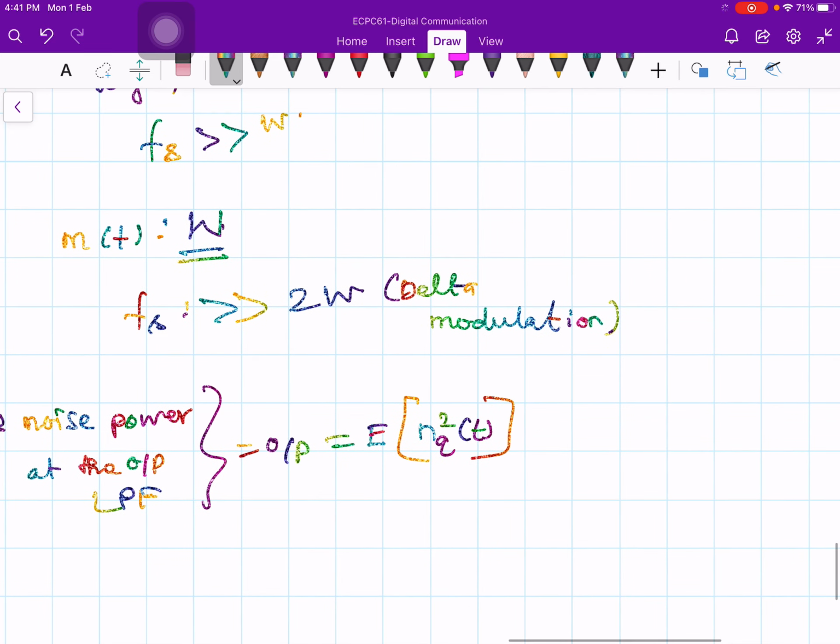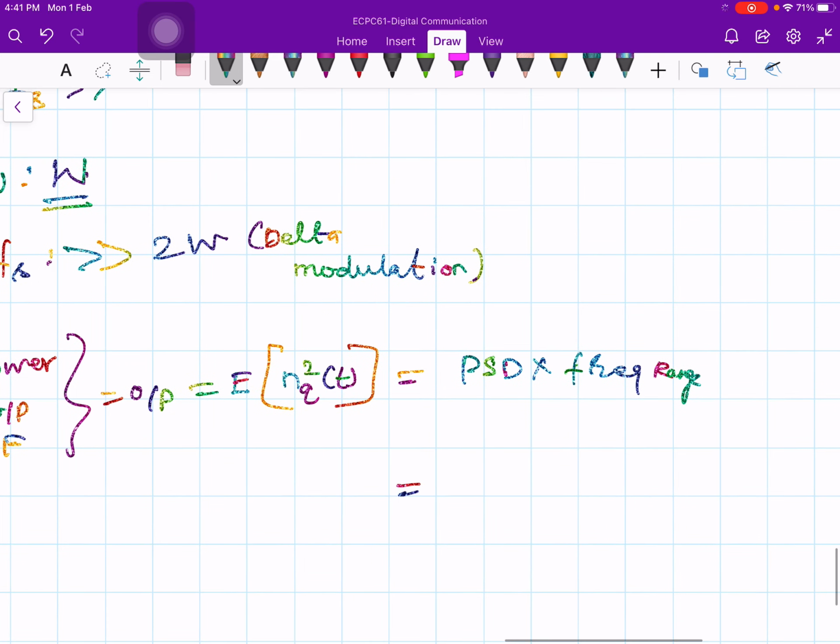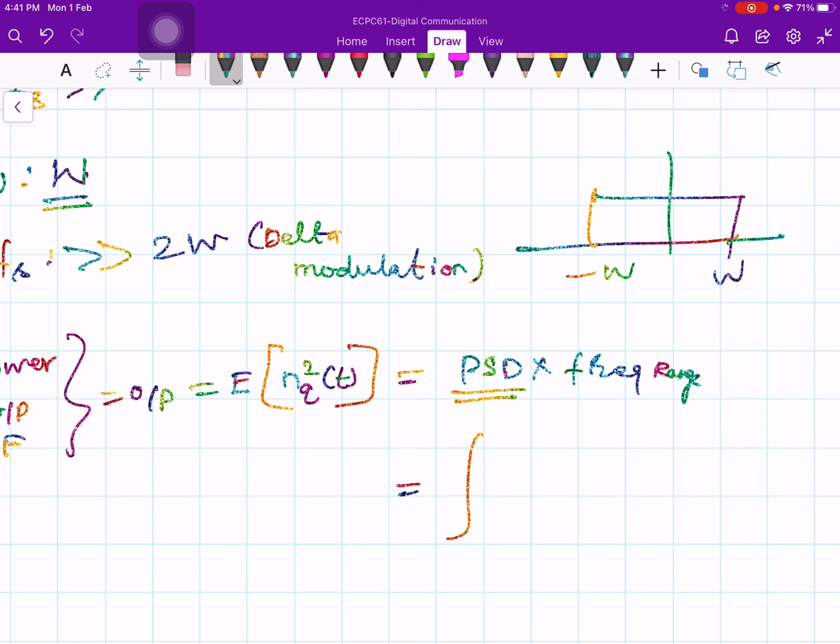So this is power spectral density times the frequency range. The frequency range is minus W to plus W. So to find the area, this is a power spectral density, so you need to do the integration. So integral of power spectral density.